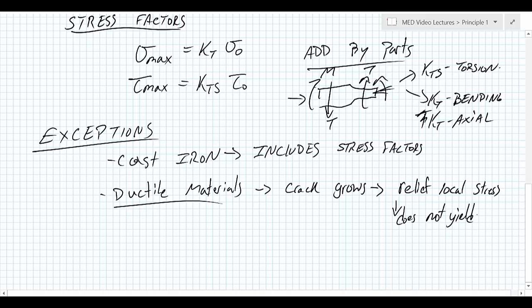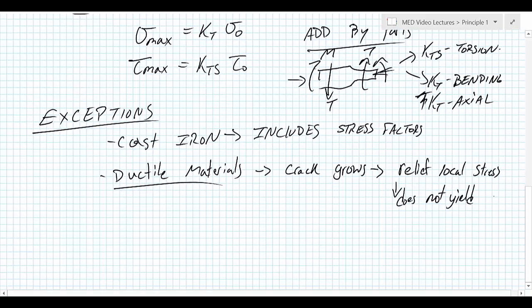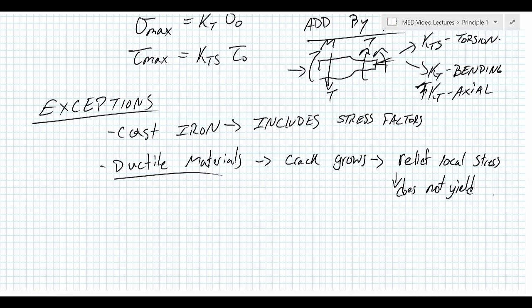When there is a crack and that crack starts to grow, the stress goes higher and higher at the very point of that crack until it gives way, and then it releases that stress. So if it's a ductile material, we don't include the stress concentration factors because they aren't necessary, and they get relieved by the actual microscopic plastic deformations which do happen. So we'll only be using stress concentration factors with brittle materials and materials that fail in brittle ways during fatigue loading.